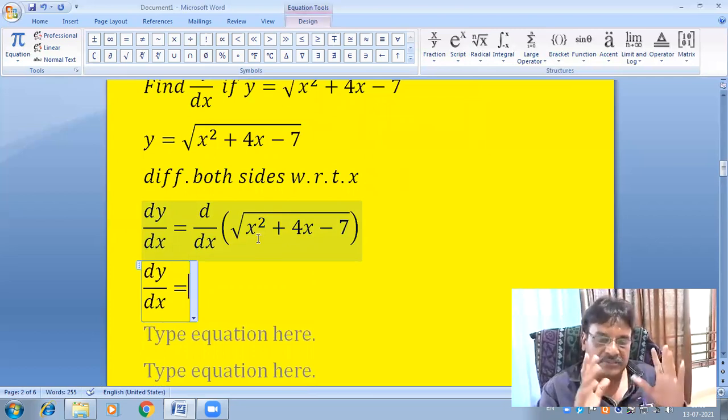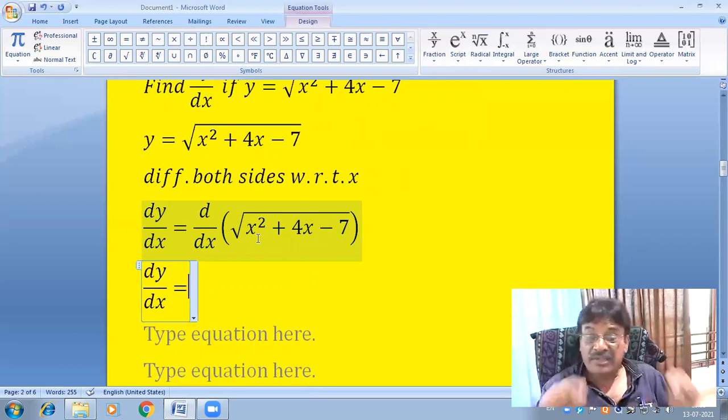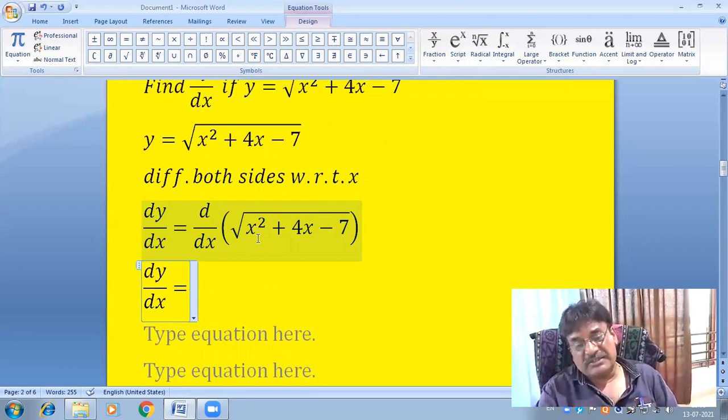Again, here we use the simple derivative formula d/dx of root f(x) is 1 by 2 root f(x) into f'(x). So we use this formula, and here we get 1 by 2 under root x square plus 4x minus 7 into d/dx of x square plus 4x minus 7.